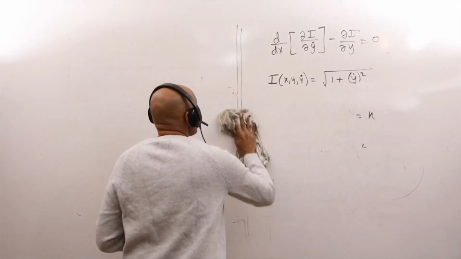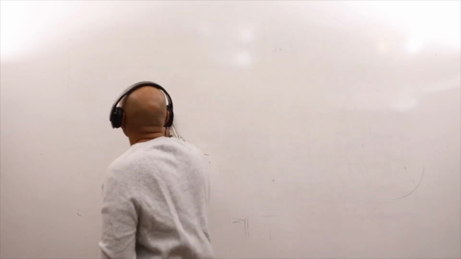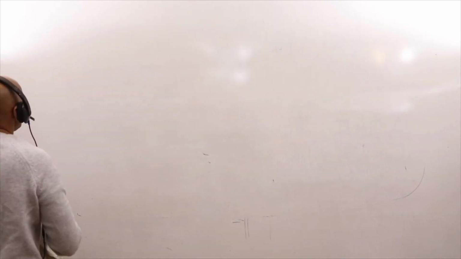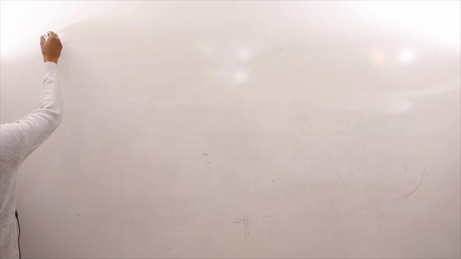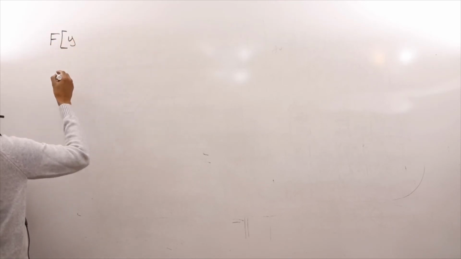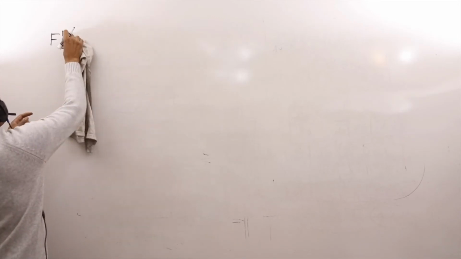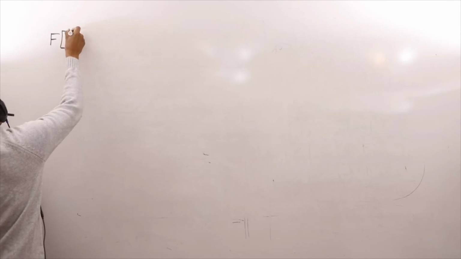But so let's go back. Here's a new functional. We'll call this f again, but this functional takes a curve y, and actually I'm not going to use y. Maybe I should use the word gamma. So gamma is the curve.